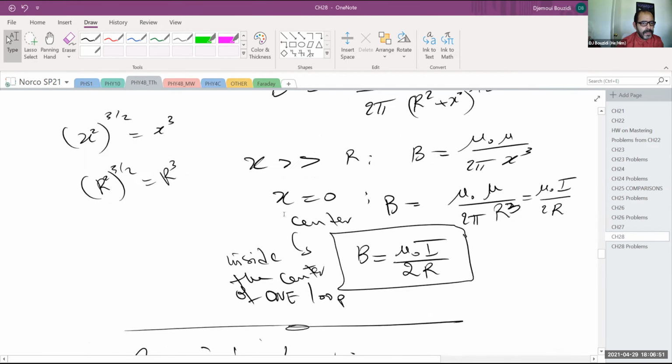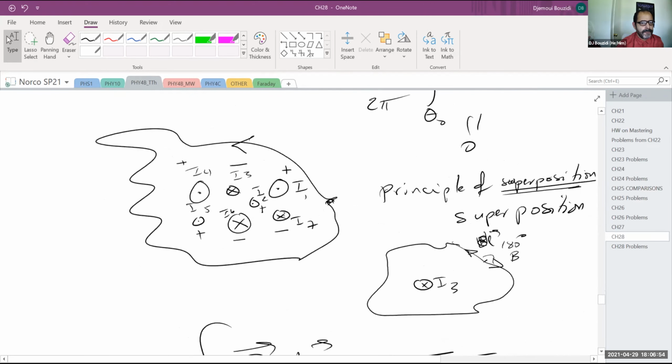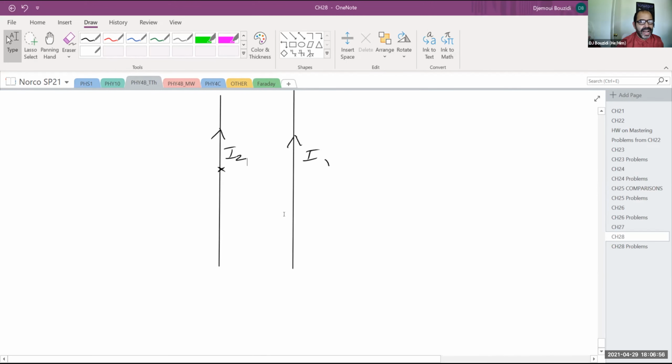So this wire that has a current I1 in it will create a magnetic field at this point, which is B1, coming from this current. It's mu naught I1 divided by 2 pi times this distance. The distance between the 2 wires I'm going to call simply D, so B1 is mu naught I1 divided by 2 pi D. So there is a magnetic field where that wire is, due to the first wire.